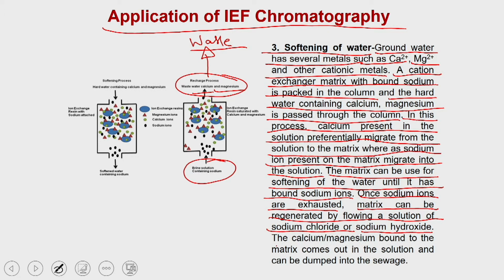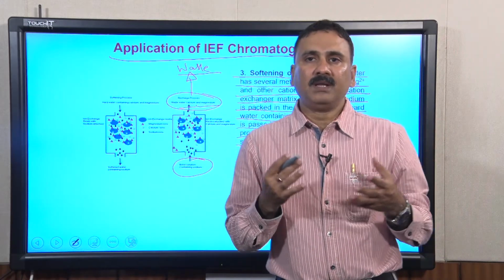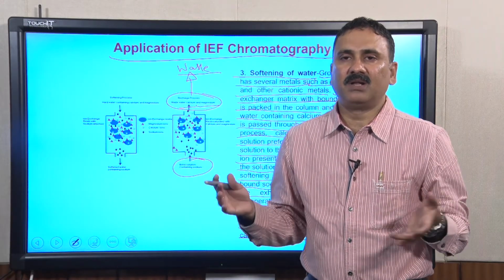So, the calcium or magnesium bound to the matrix comes out in the solution and can be dumped into the sewage. So, that is how you remove the heavy metals or the other kinds of contaminating metals from the water.